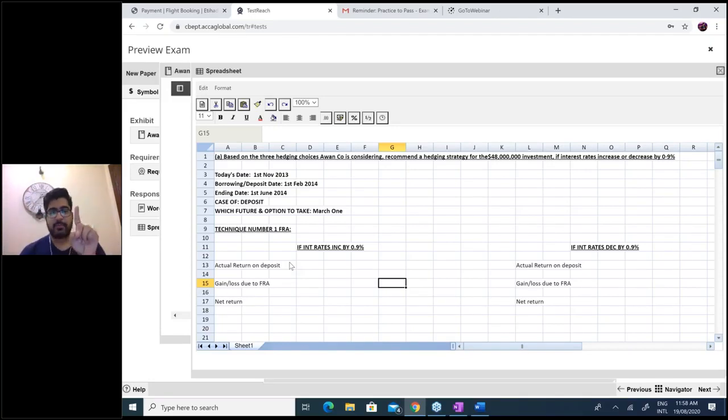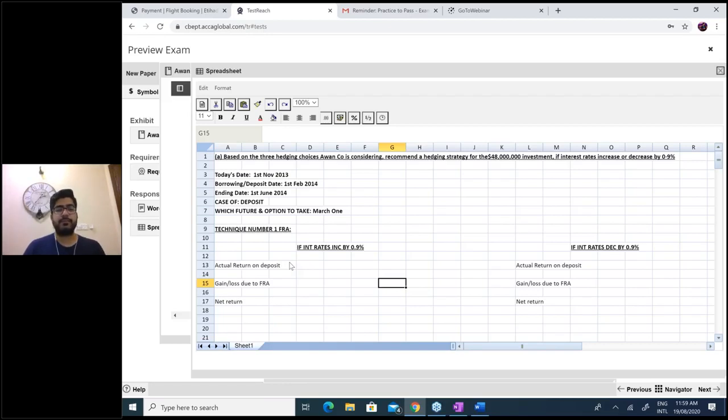You plan to deposit on 1st Feb. 1st November to 1st December, 1 month. 1st December to 1st Jan, 2 months. And 1st Jan to 1st Feb, 3 months. You need to deposit after 3 months.